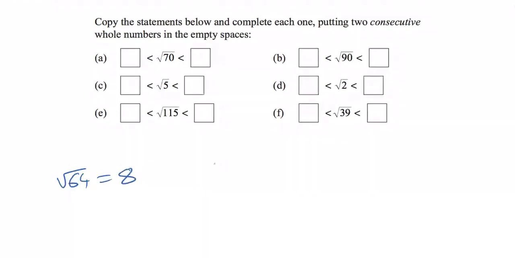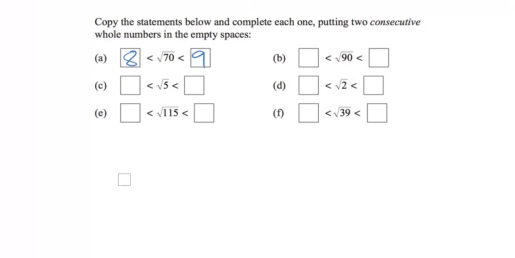We should also know that the root of 81 is 9. Now, 70 itself is between 64 and 81. So the root of 70 is going to be between the root of 64 and the root of 81. So it's going to fall somewhere between 8 and 9. Okay, so we're using a little bit of logic to help us to work this out.